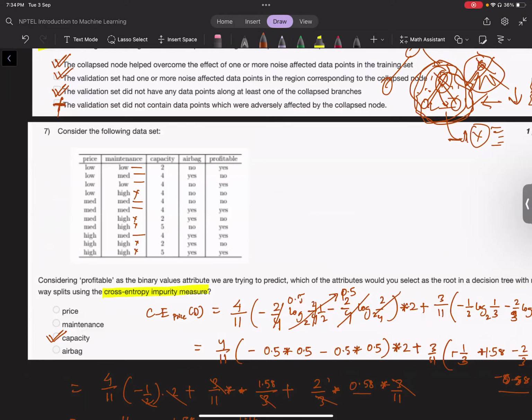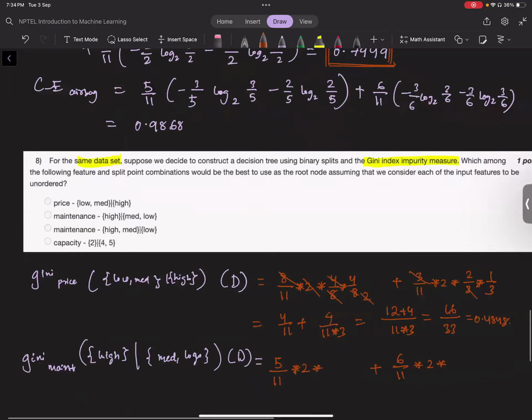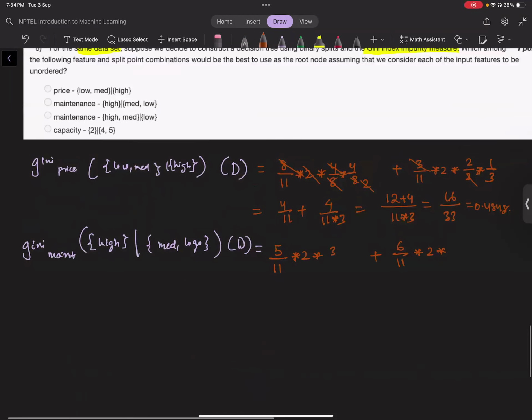For high, it is 1 no, 2 no, 1 yes, 3 no, 2 yes. So yes is 3 by 5 and no is 2 by 5. Okay.